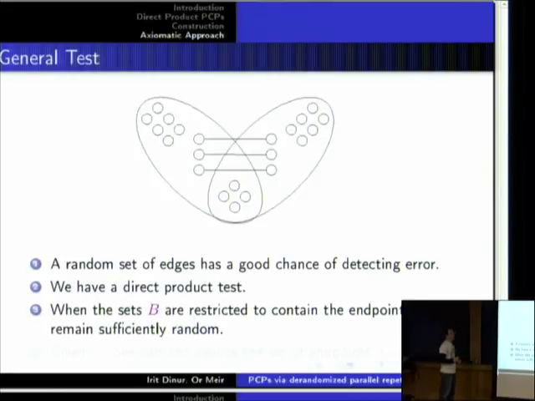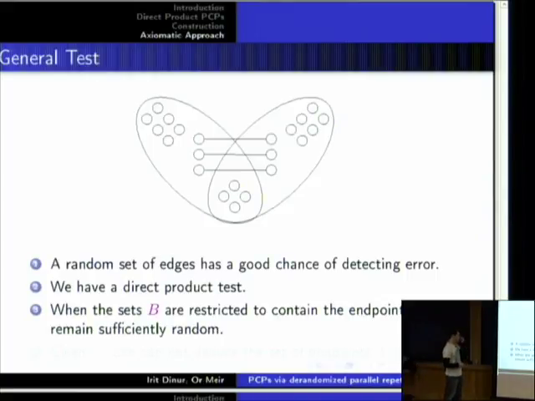That is, if we consider the collection of all sets B1 and B2 that contain both the intersection set and the left endpoints, and we also consider the collection of all big sets B1 and B2 that just contain the intersection set, then the first collection samples well the second collection.